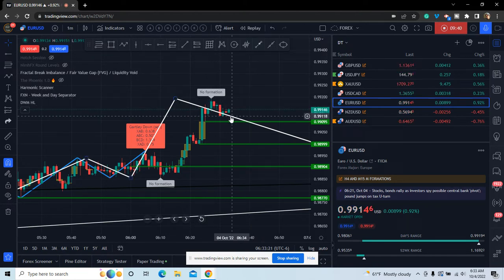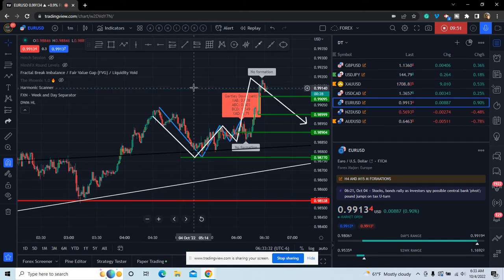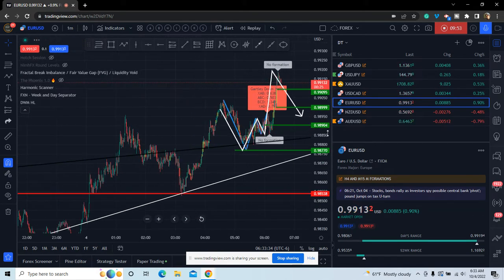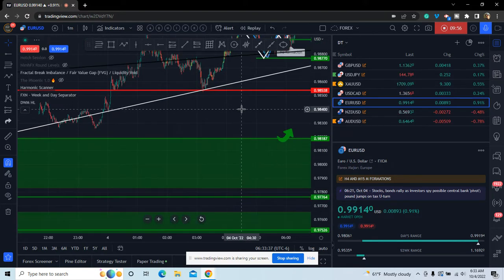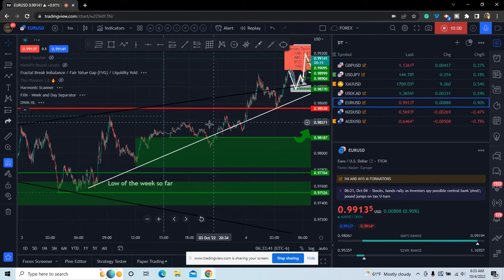So I'd like to see a pin and then a drop to signify that we're heading lower, potentially for a really significant move. Where do we have that low for the week so far?